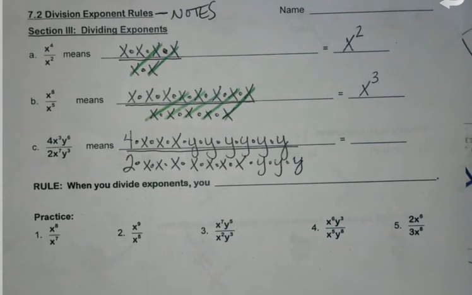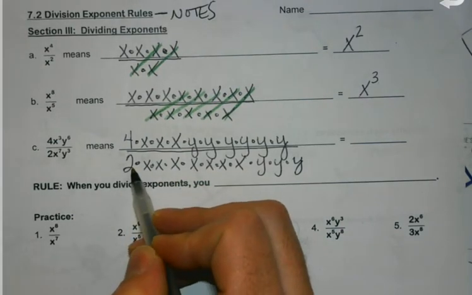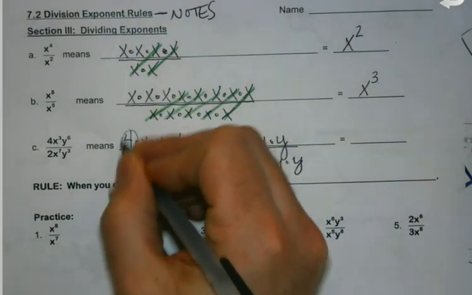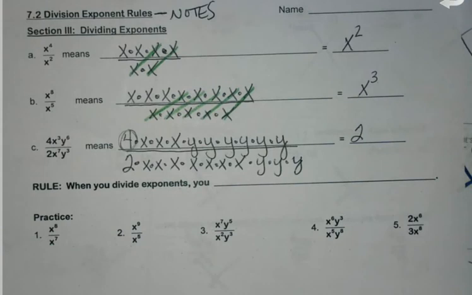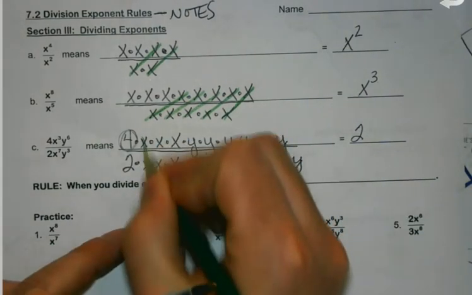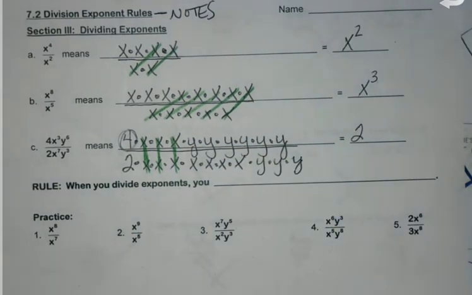So, first things first, what's 4 divided by 2? 2. Since the 4 is up above and 4 divided by 2 is 2, I put the 2 up top. Then I start working through my canceling again, wiping out x's. Well, I run out of x's up top this time.